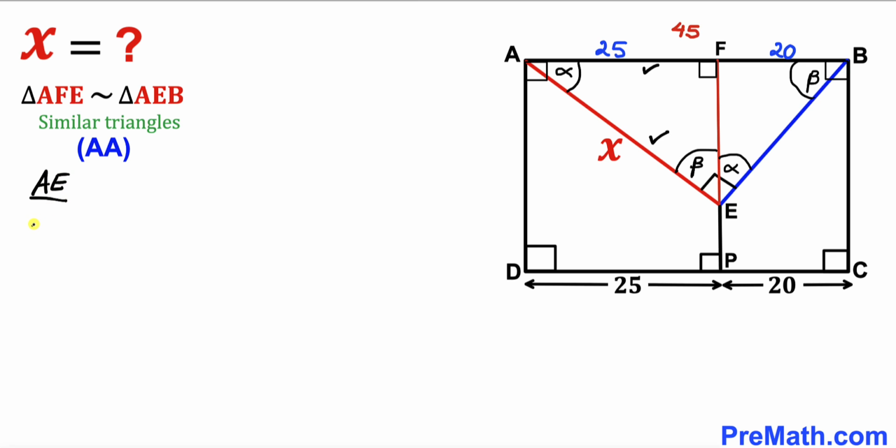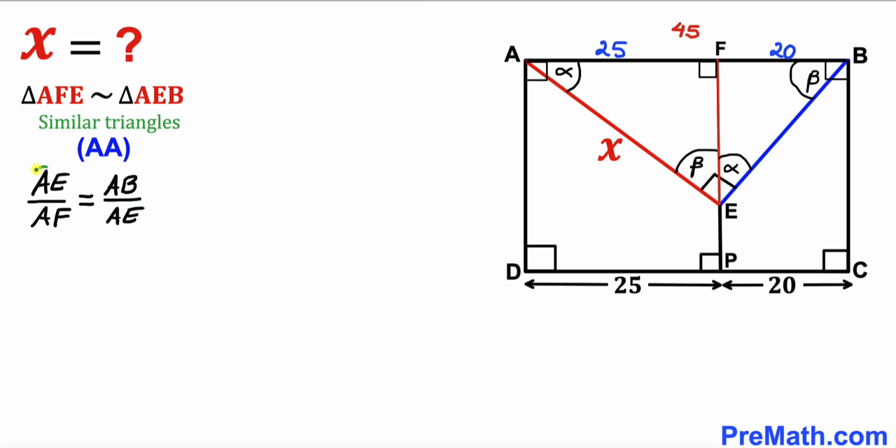Let me write down the ratio: AE divided by AF is equal to the ratio of side AB and side AE, that is AB divided by AE.